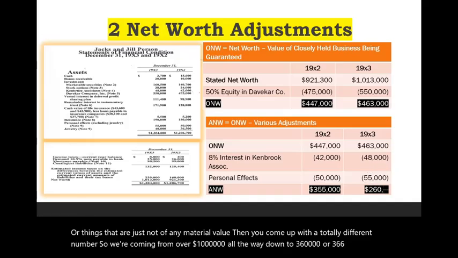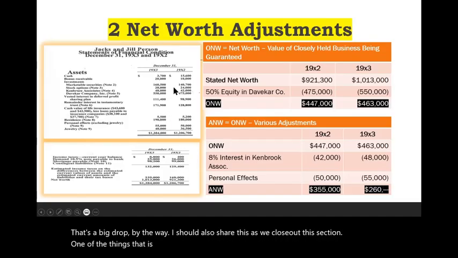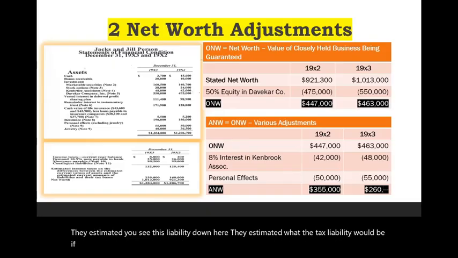That's a big drop. By the way, I should also share this as we close out this section. One of the things that is very good about this CPA prepared financial statement is they estimated, you see this liability down here? They estimated what the tax liability would be if the assets were liquidated and all of that.